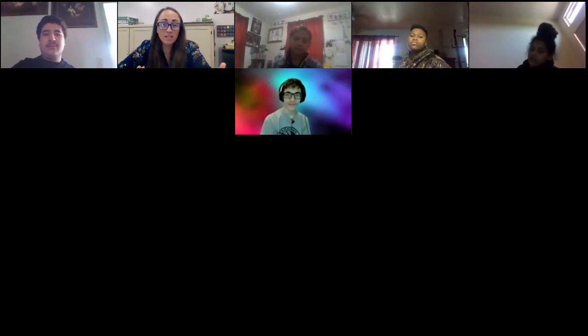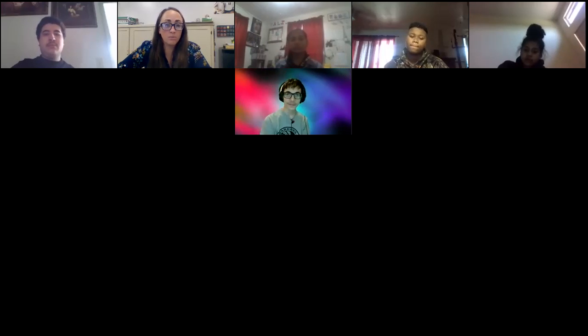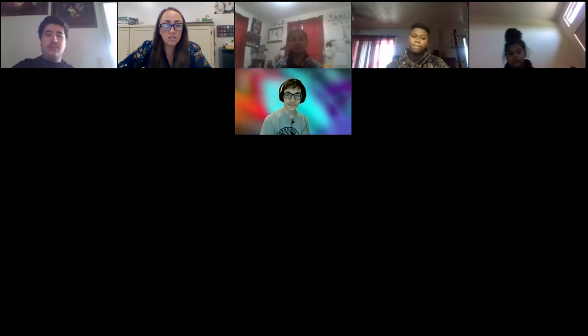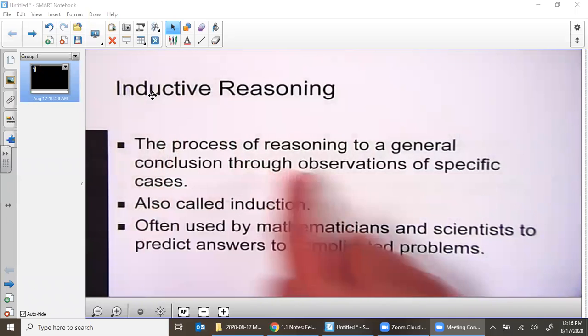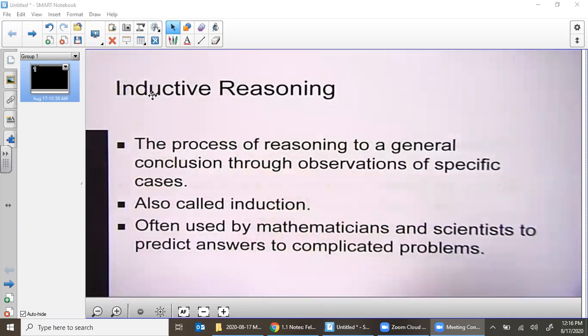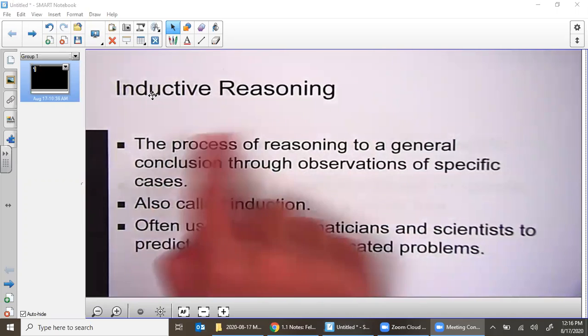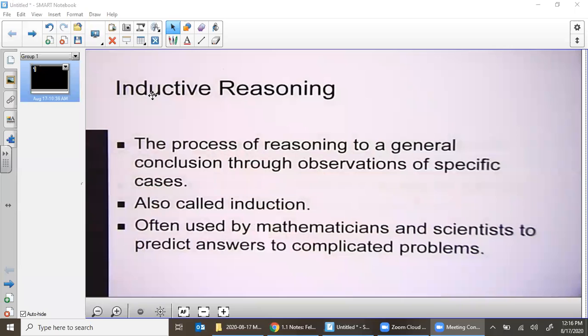So I can make an assumption that whenever I do a Zoom meeting, I'm not going to have a lot of video cameras on. That is just an example of what inductive reasoning is. You make a lot of observations and then make an educated guess. Another way of saying inductive reasoning is just induction. It's a synonym for that. Okay.